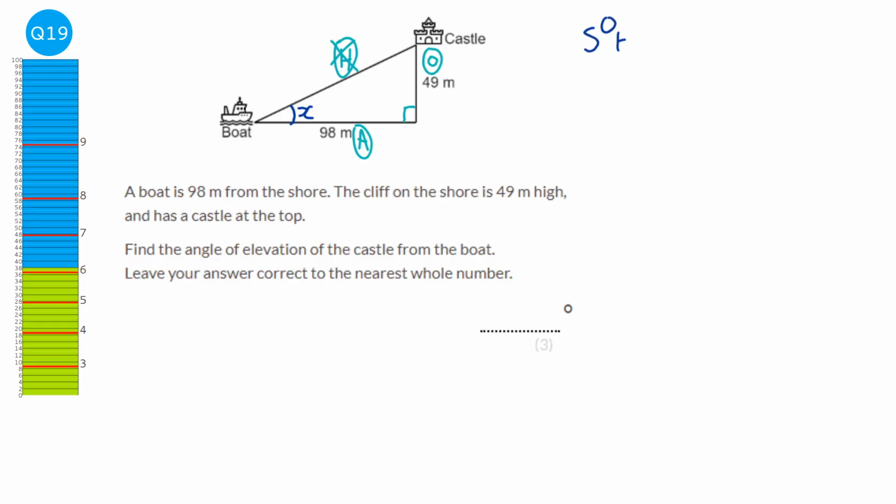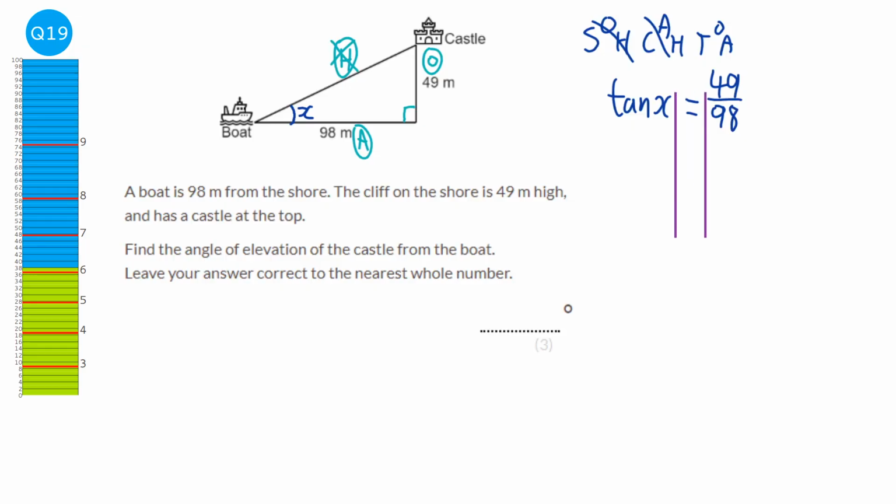Let's just put our SOHCAHTOA in. So we've crossed out the hypotenuse, so it won't be sine or cos, it will be tan. So tan x is equal to the opposite, which is 49 over 98. Get our lines in. And we're going to do the inverse tan of both sides.